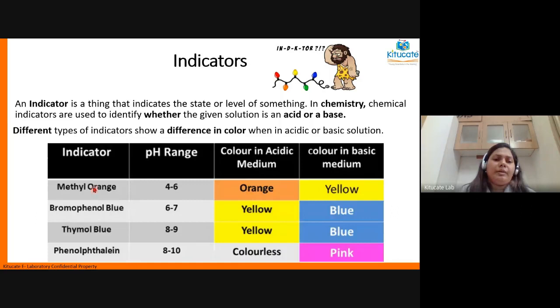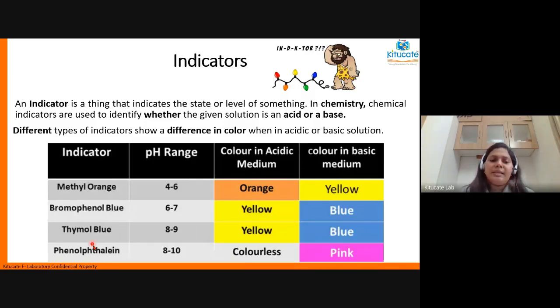So now in this table, a few indicators are given. Now these are all chemical indicators. The first one is methyl orange. Methyl orange turns orange in acidic solution, and the color of methyl orange is yellow when it is put in a base.